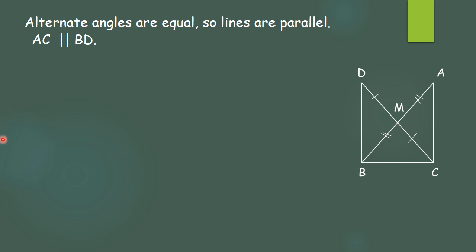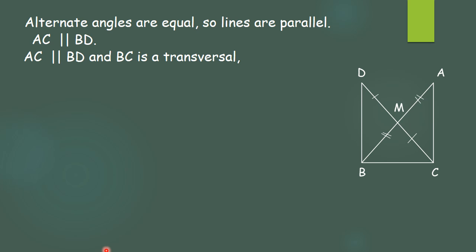So just by proving the triangles congruent, we have proved the first part. To prove the second part, we started with CPCT and got two angles, but these angles are alternate angles, and as alternate angles are equal, the lines are parallel. Now we consider again the same lines. AC is parallel to BD, and we consider BC as a transversal. What can we write about angle B and angle C? They are interior angles on the same side of the transversal, so they are supplementary.